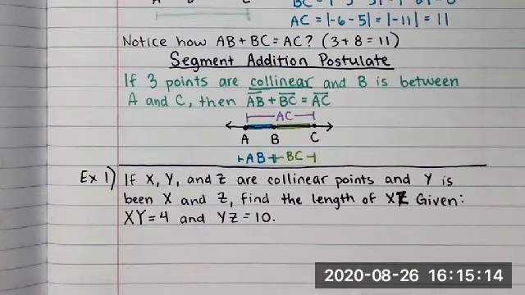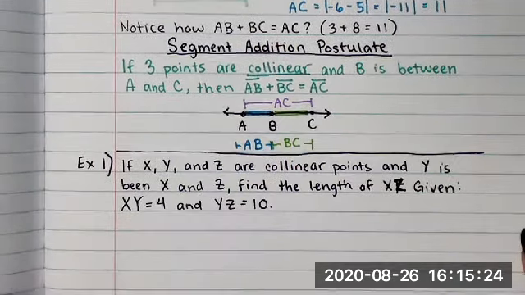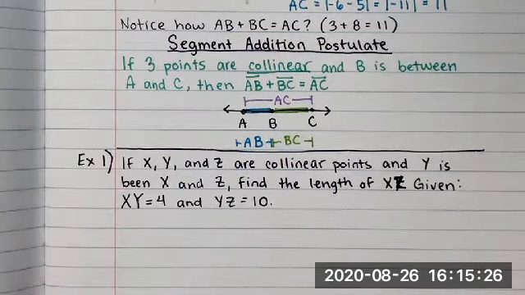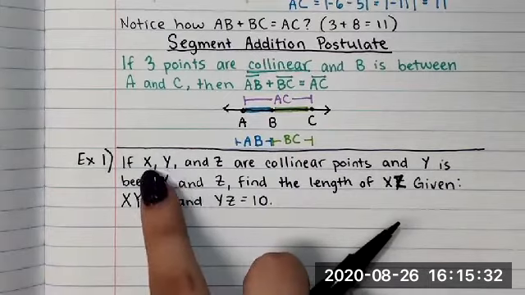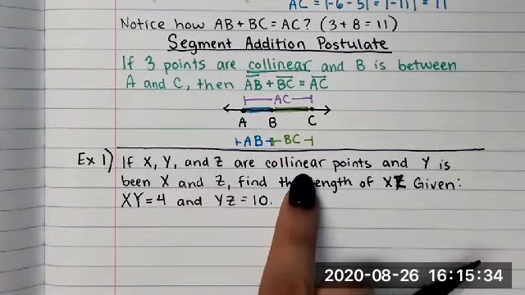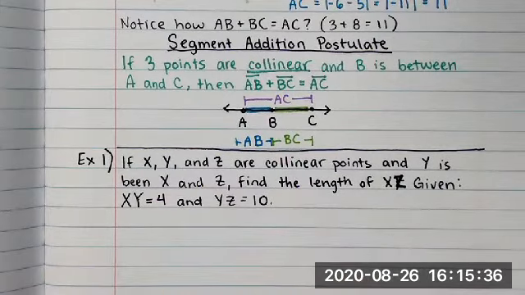So if you're able to do this problem in your head, that's fantastic. But as we get further into the course, these things will get a little bit more complicated and less easy to do in our head. So I'm going to show the process of what to do if you don't quite know how to tackle this problem. Let's start off with the fact that we're dealing with 3 points, and they're all collinear, meaning they all fit on a line together.